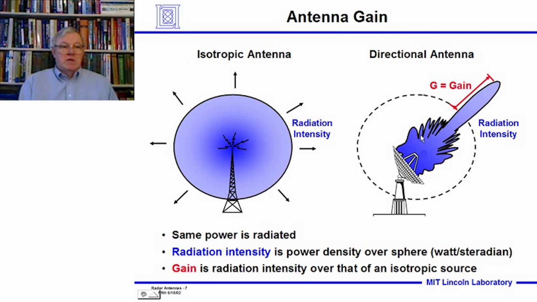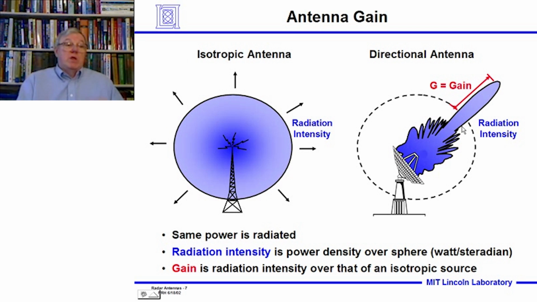Some goes in these little bumps we call side lobes. We'll talk about that later. And some goes off in other directions, but it's a lot less. And the amount of radiation intensity over what you get from an isotropic antenna is what we call the gain.